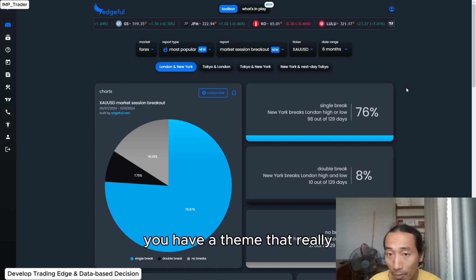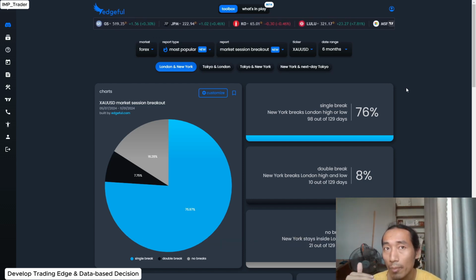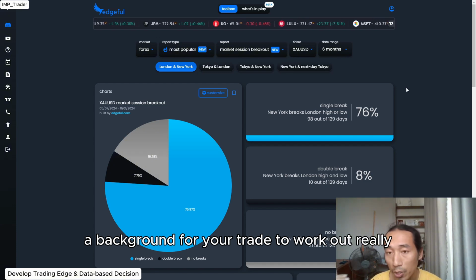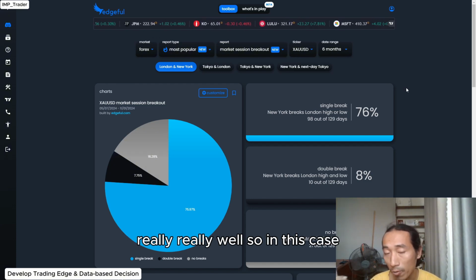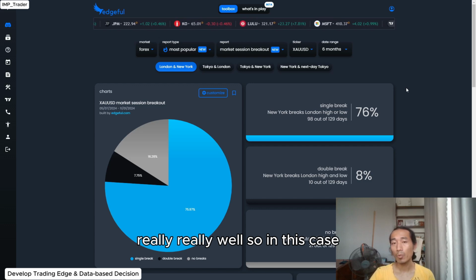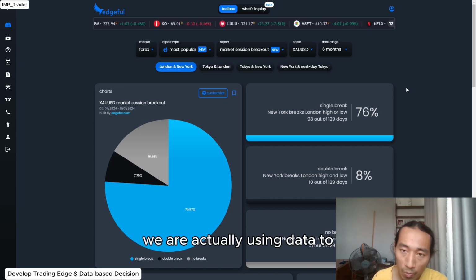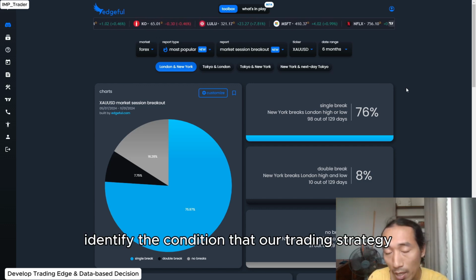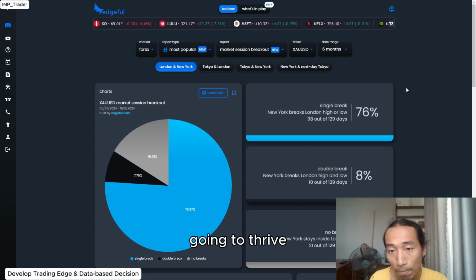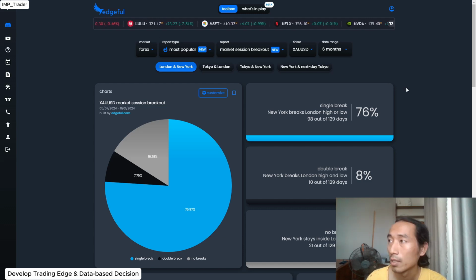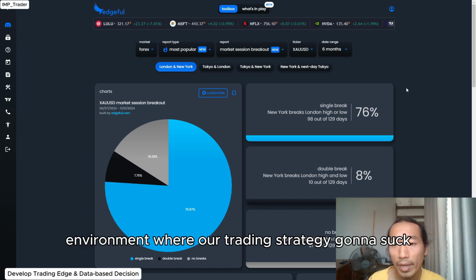You have a tailwind, a really good background for your trade to work out well. So in this case, we are actually using data to identify the conditions our trading strategy is going to thrive in, and to avoid the environment where our trading strategy is going to suck.